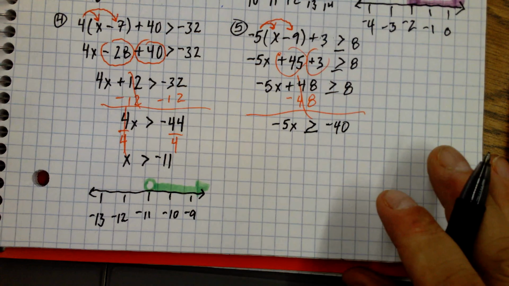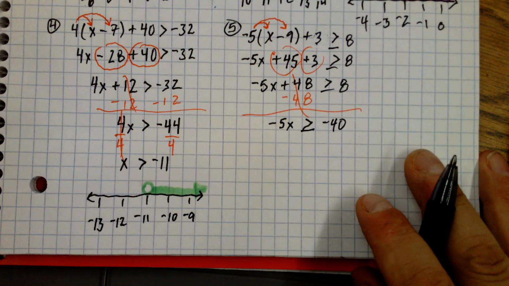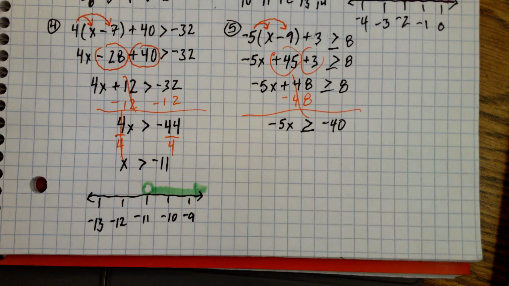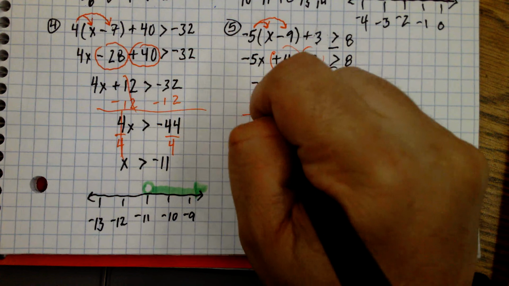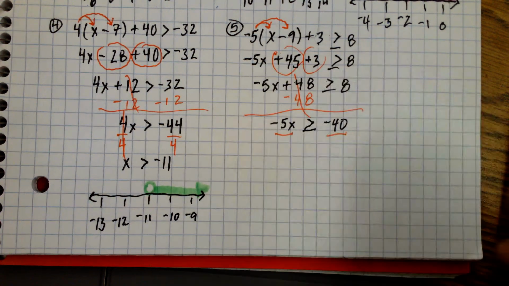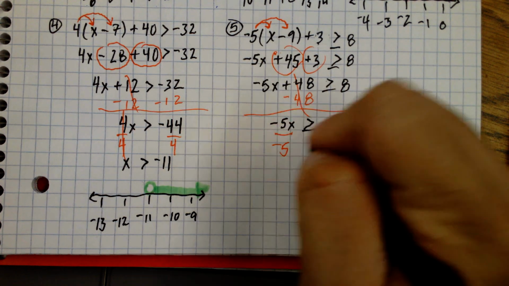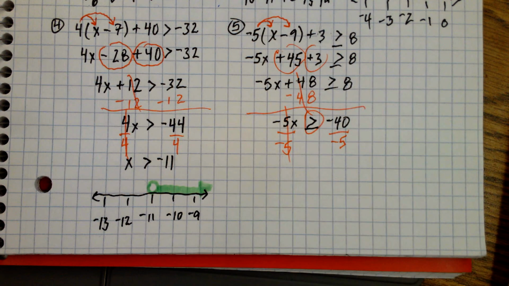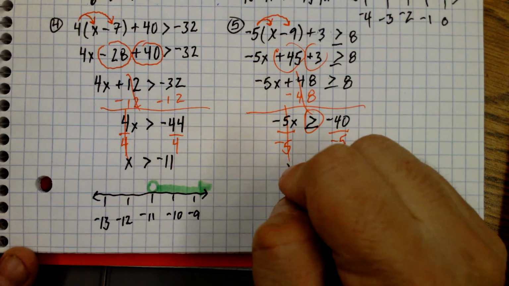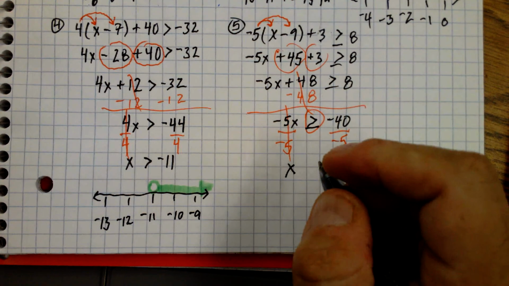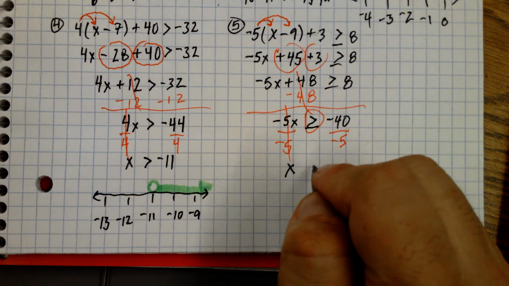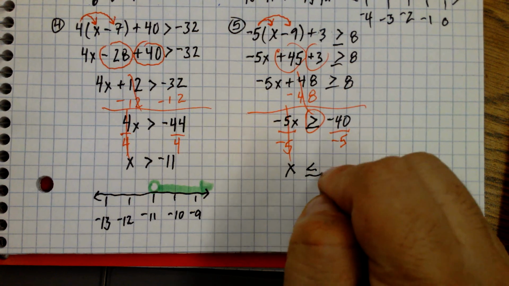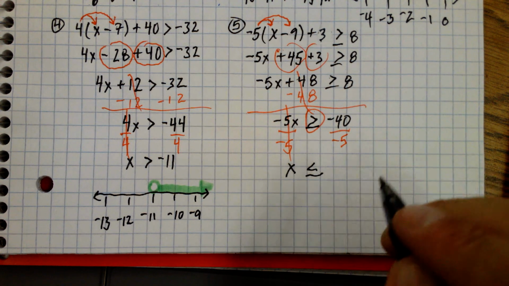Okay, check my work. Is that correct? Yes. Negative 5x greater than or equal to negative 40. Divide. What are we dividing by? Negative. So I'm going to circle this. And we get x less than or equal to 8.